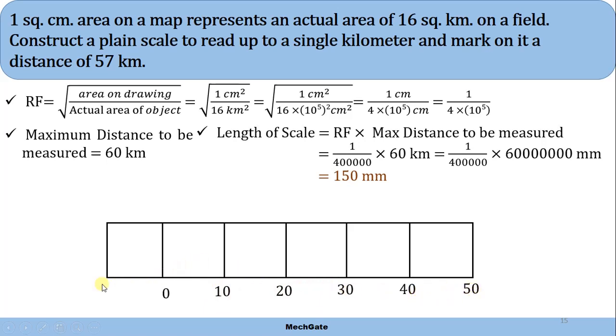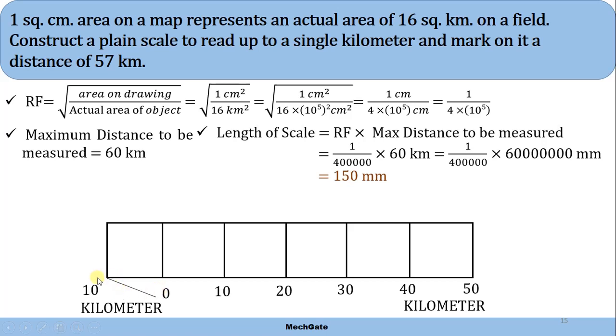And on the left hand side of the 0, put 10. This is also indicated in kilometers, but this is in terms of 1, 2, 3, 4, 5, isn't it? Now this length is 25 millimeters, so we cannot divide the 25 millimeters using a scale. So we have to use the general method. Using that, we can divide any length into an equal number of parts.